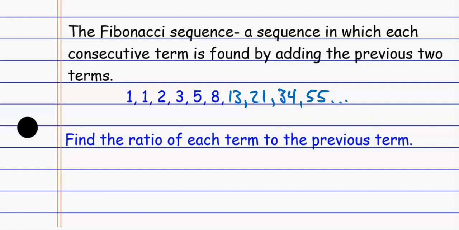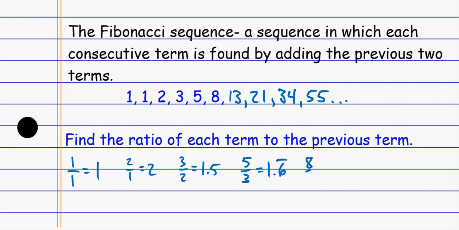The interesting thing here is to find the ratio of each term to the previous term. If I did that, the 1 to the previous term is 1 over 1, which is 1. The next one, 2 over 1, is a 2. The next, 3 over 2, is 1.5. Then 5 over 3 gives me 1.6 repeating.